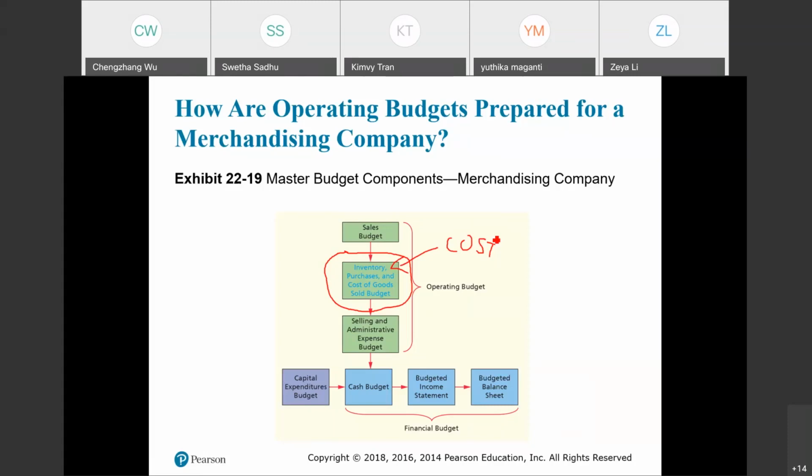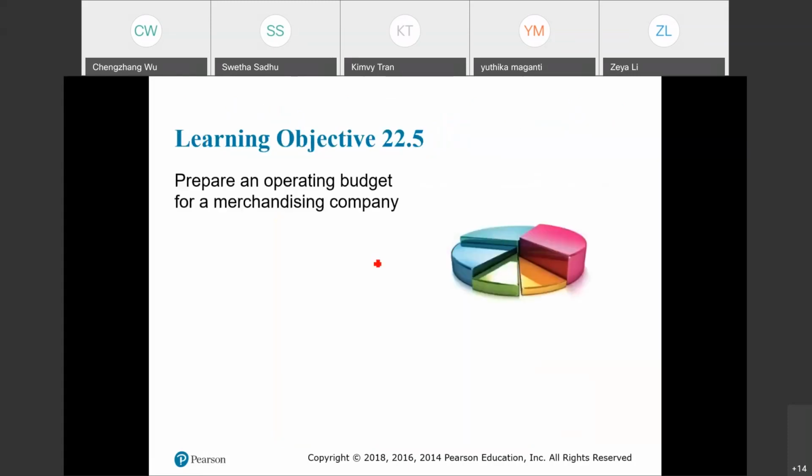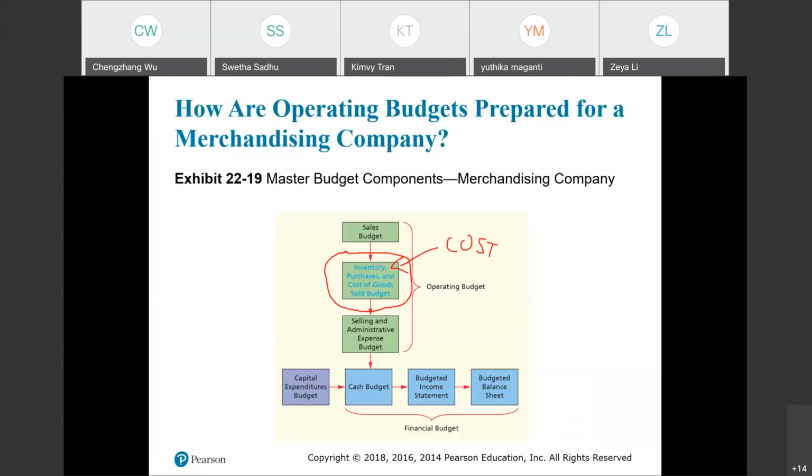So again, merchandising companies purchase the products they sell rather than manufacture them. Therefore, the master budget for a merchandising company will be slightly different from the master budget for a manufacturing company. The inventory purchase and cost of goods sold replaces the production budget, direct material budget, and direct labor budget, as well as the manufacturing overhead budget.